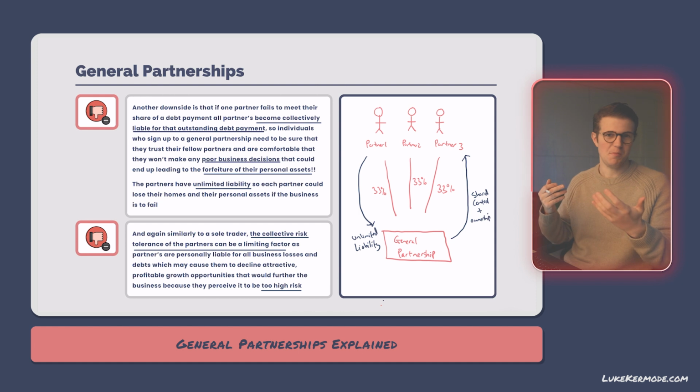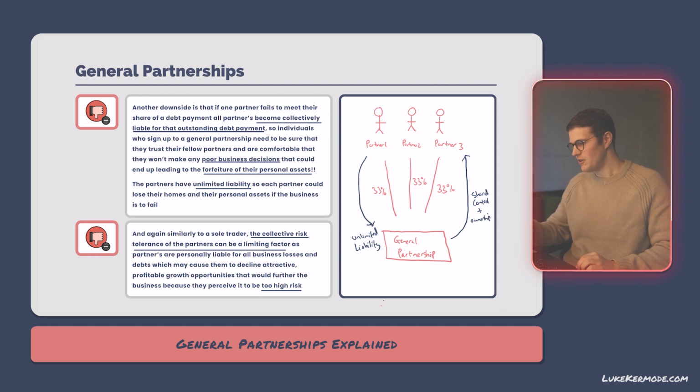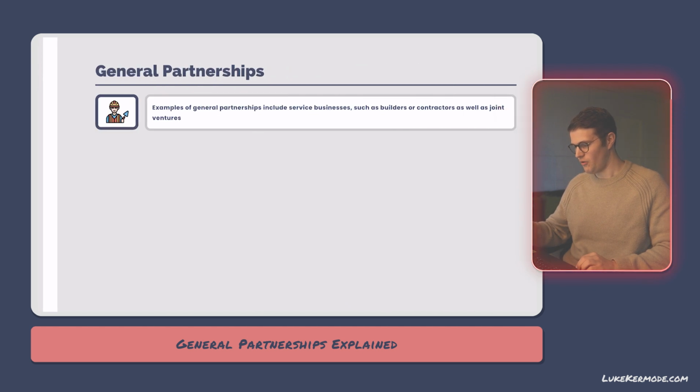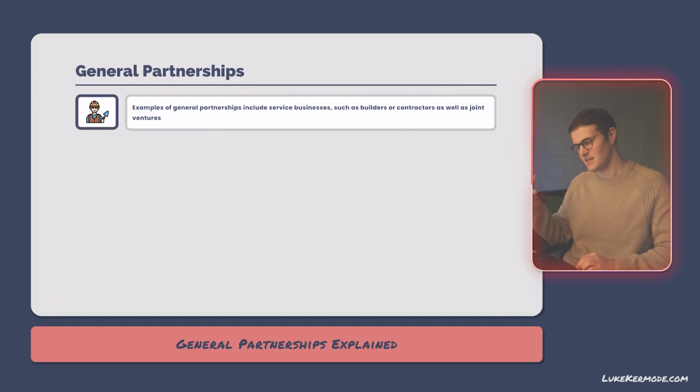And yeah, the ownership split can be even or it can be uneven. Really depends on the agreement between the partners and what they're all contributing to the business in terms of capital, expertise, etc. And then just finally, general partnerships can include service businesses such as builders, contractors, and JVs.